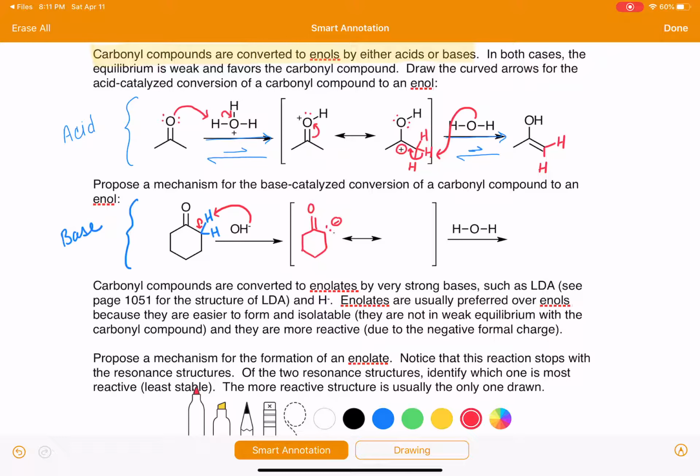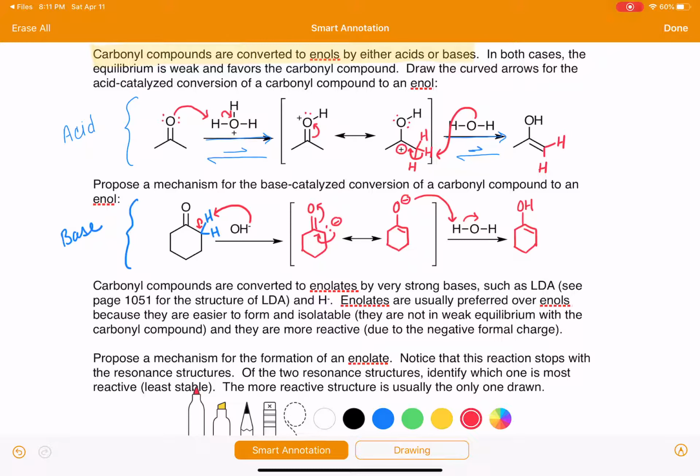Those electrons, that lone pair of electrons, can move in to make a carbon-carbon double bond as long as we move the carbon-oxygen double bond up to give us this structure. And the last thing that we would need to do here is just protonate the oxygen. Like that. So there's another enol.